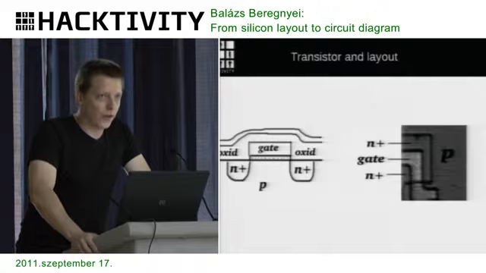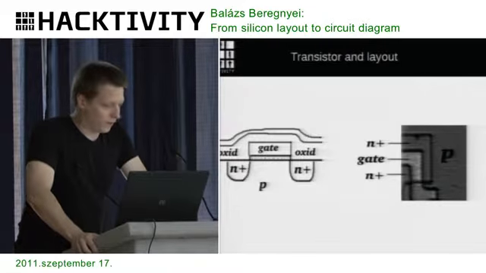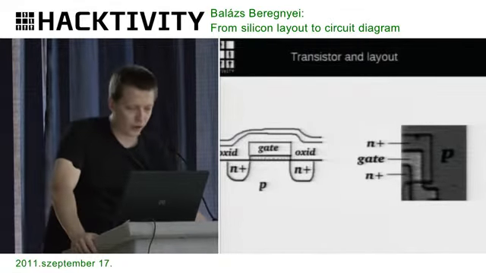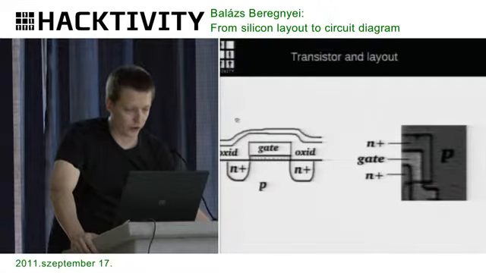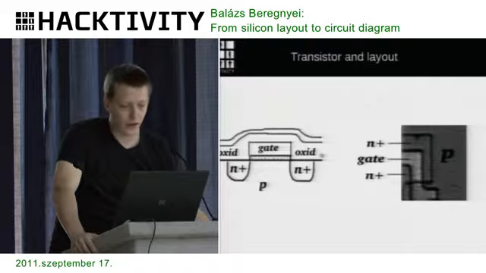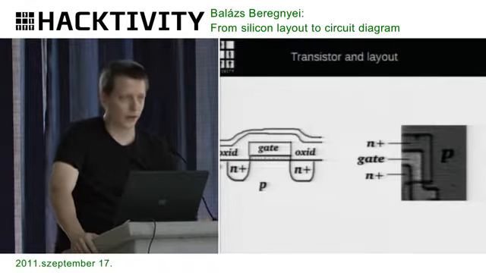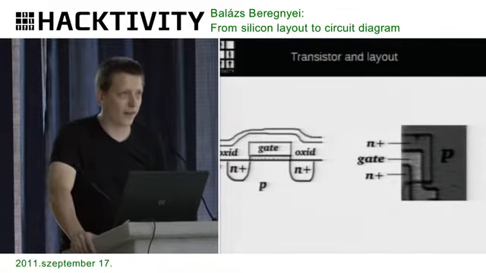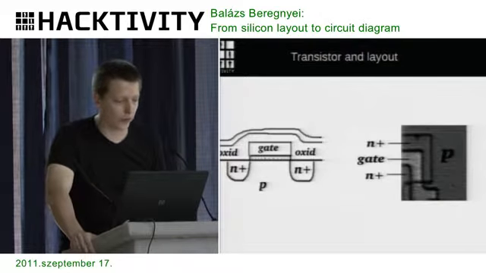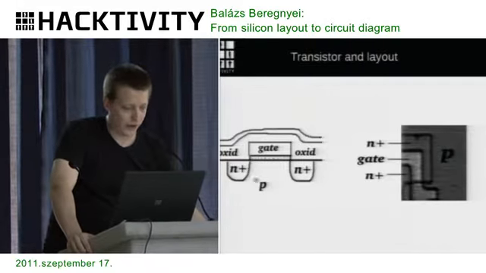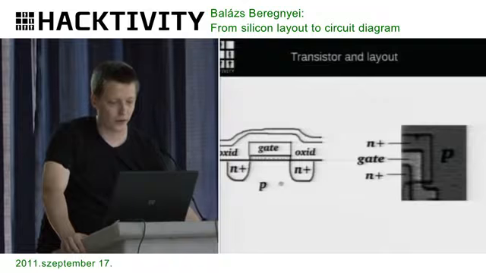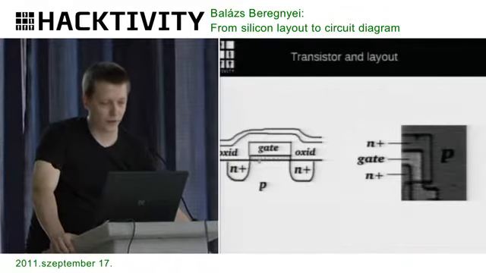So this is the layout. You can see the cross-section of a transistor on the left side. Unfortunately, we don't have time to go into details, but it is a one crystal silicon. It's contaminated and changes the conduction conditions.